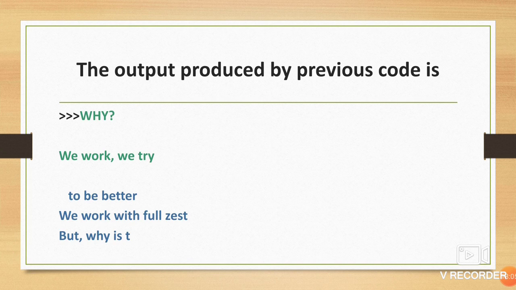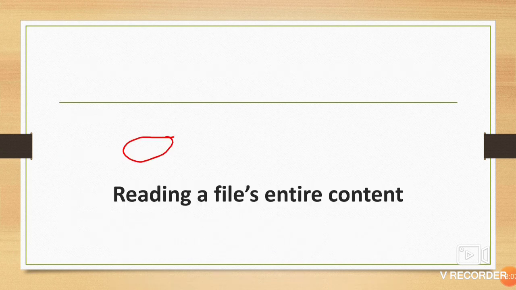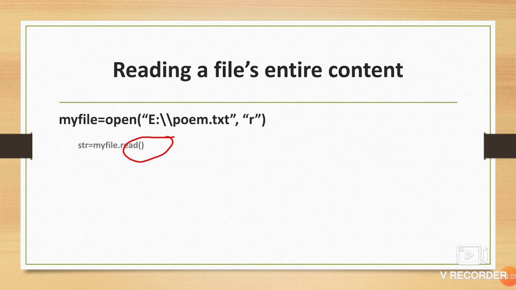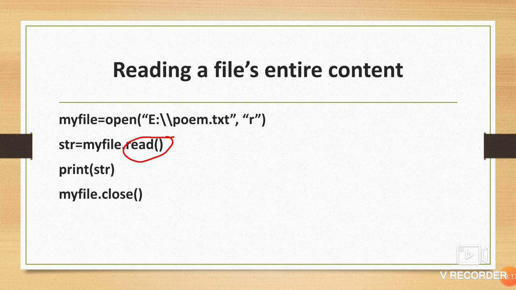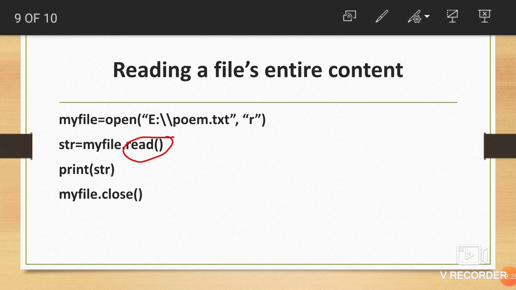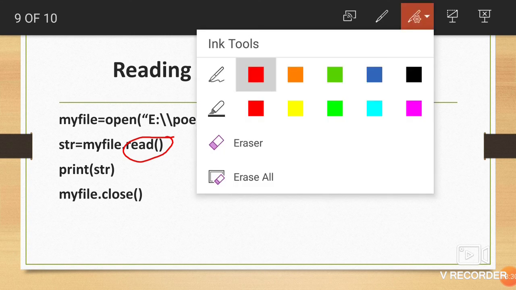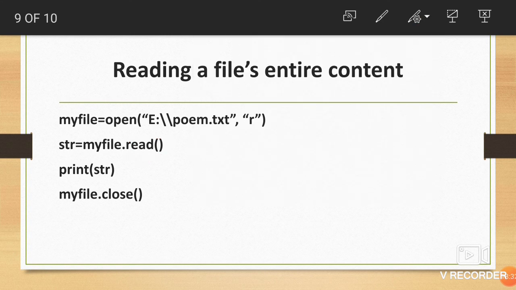Then we saw how we can read the entire file. For reading the entire file, there is no need to specify any number inside the method. In this program, no parameter is given inside the read method.